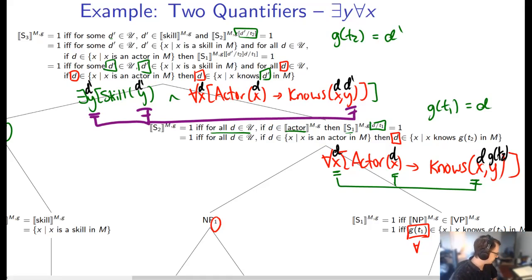So this says if for some D prime, blah, blah, blah, for all D, the other one said if for all D prime, blah, blah, blah, some D. And that's because of the order of the quantifiers in our translations. So any comments or questions about this?